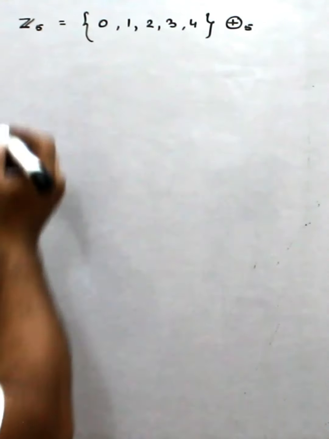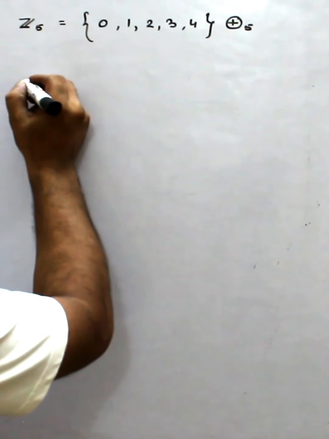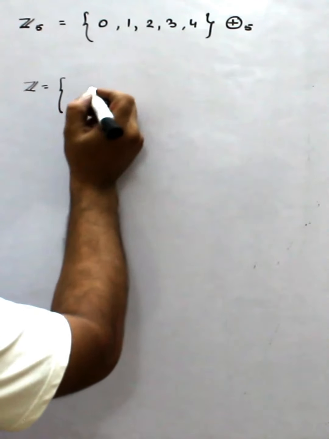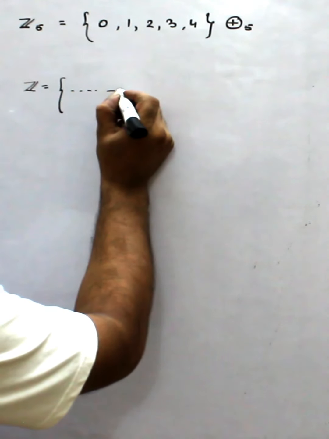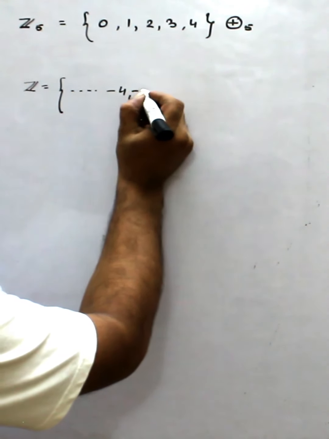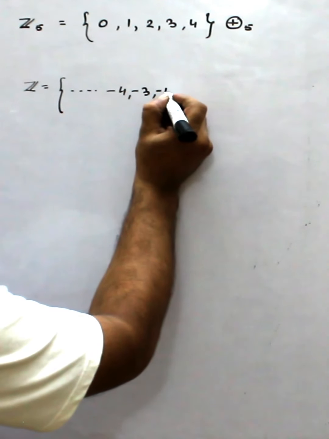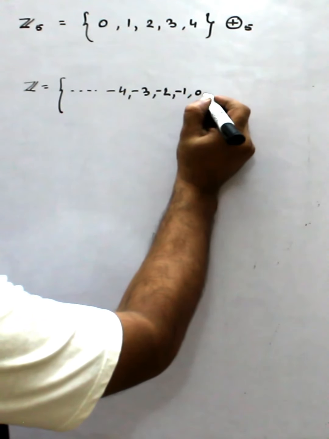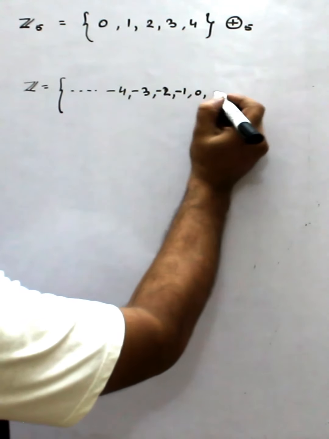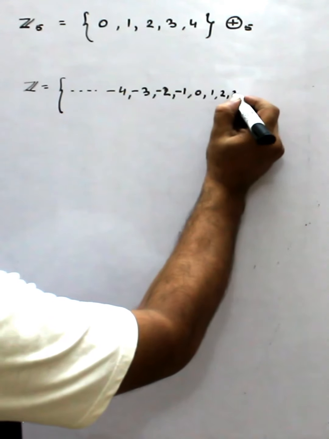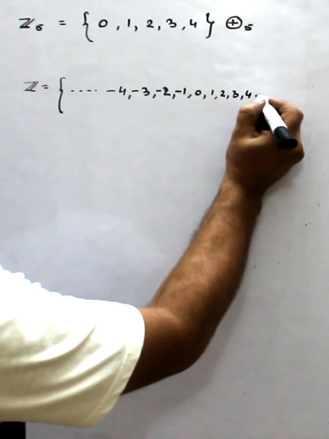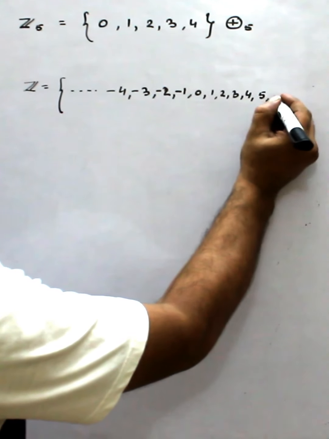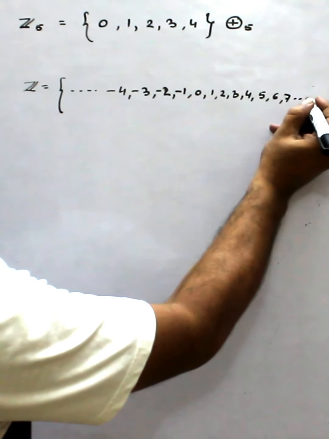Now I say that this set is congruent to Z. What is Z? Z has minus 4, minus 3, minus 2, minus 1, 0, 1, 2, 3, 4, and I write 5, 6, 7, and so on.